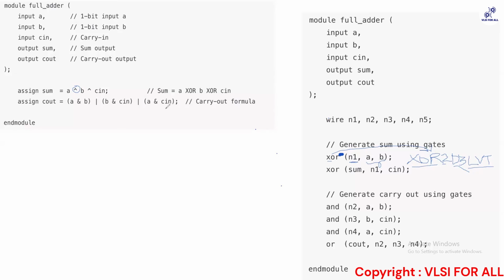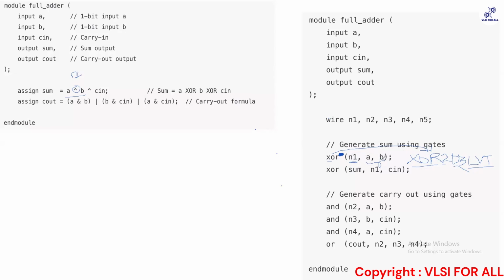Now I have to do an XOR again with C in, right? This operation we have performed is being stored in N1, correct? Correct, you got it right. The first one is the output, and the next two are the different inputs you have.